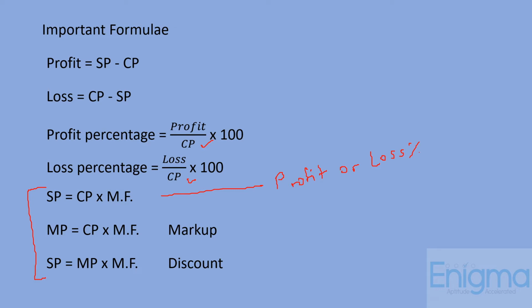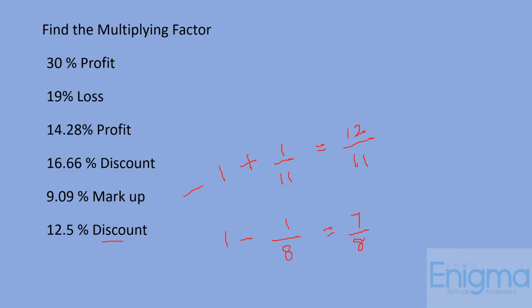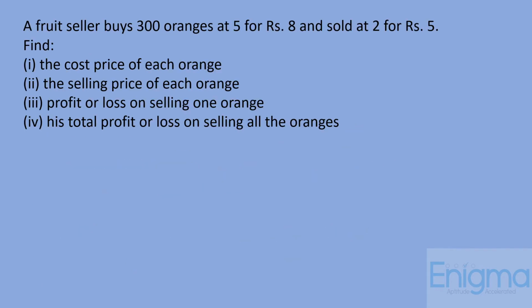Now I guess everyone knows profit and loss percentage अगर है तो multiplying factor कैसे निकालना है. And whenever it is markup, you have to use this formula. And whenever you want to give discount on the marked price, you can use this formula, third formula. Okay. So now moving on, let's try to solve this question.